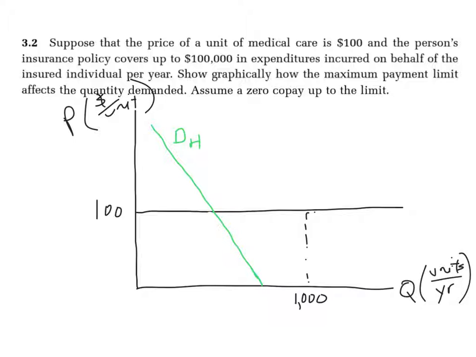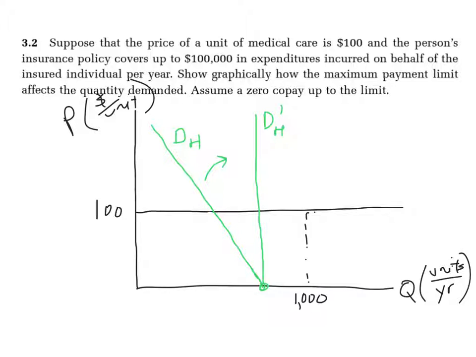And notice, because of the very generous insurance benefits, zero copay, the effective demand curve this person brings to market is DH prime. The household is just going to demand any unit of healthcare services for which the marginal value is greater than zero. So there we go for the healthy person.